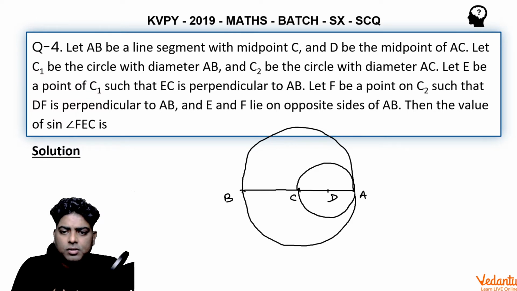Now it shows like this, right? Now E is the point on C1 such that EC is perpendicular to AB. This is circle C1, the bigger circle. So E is just vertically up or down, so I'm taking vertically up here.